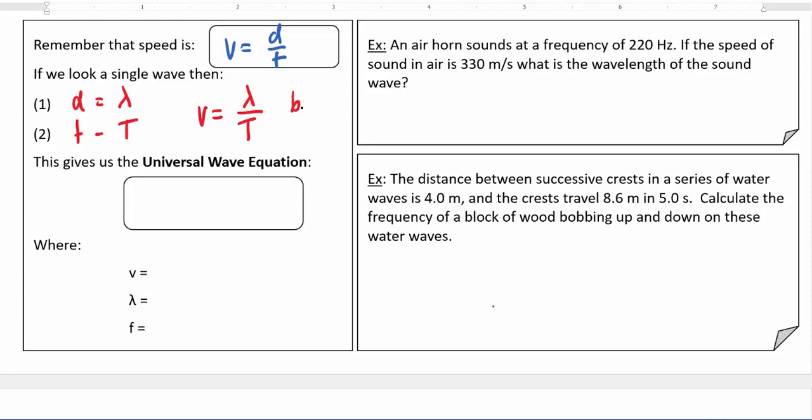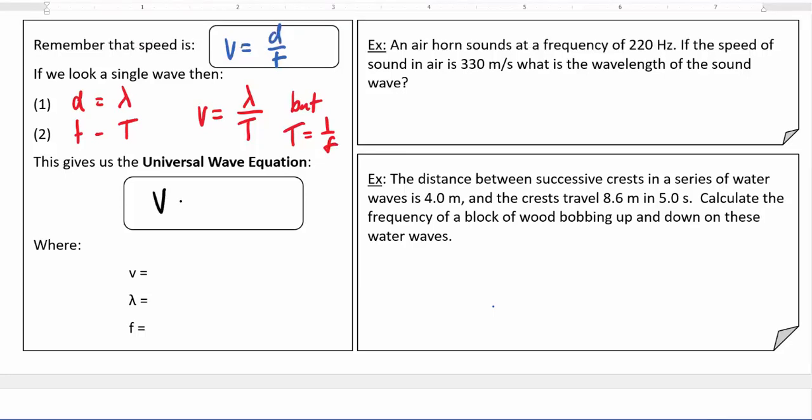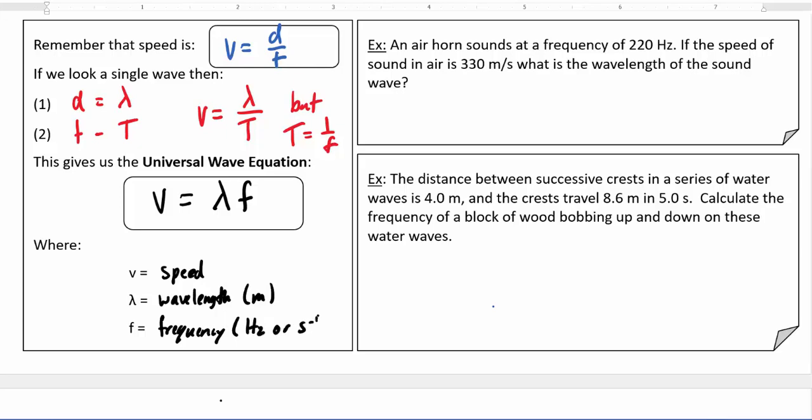But if you remember, since period equals 1 over frequency, this gives us something called the universal wave equation, which says that the speed of a wave is equal to the wavelength times the frequency. Here v is speed, lambda is wavelength, measured in meters, and f is frequency, again measured in hertz, or 1/seconds. And so you can see the units there are going to be just meters per second.